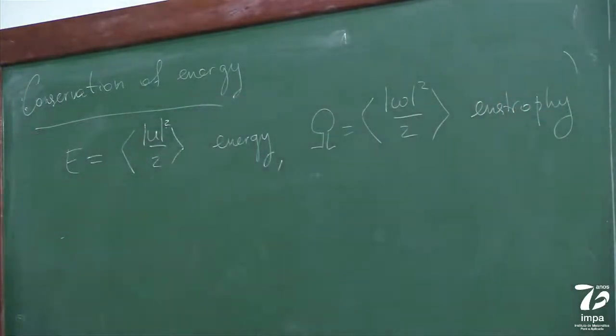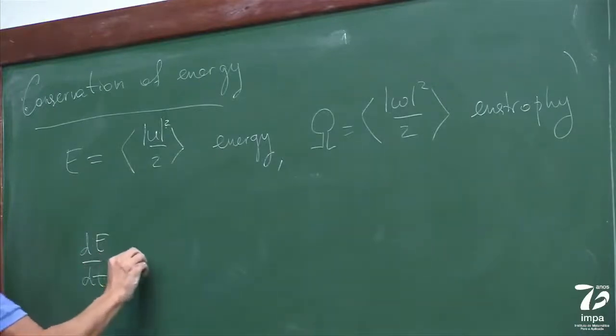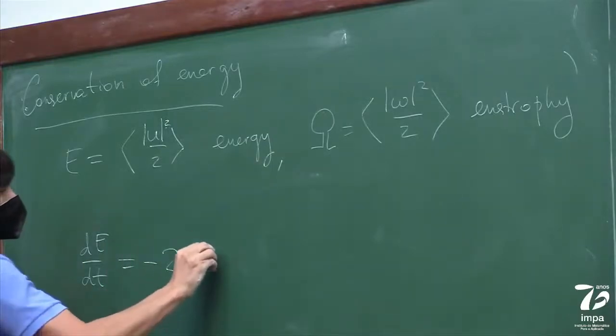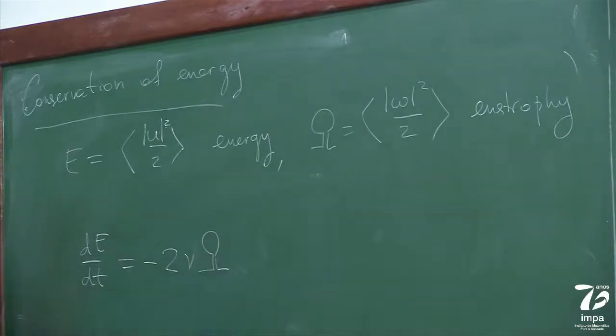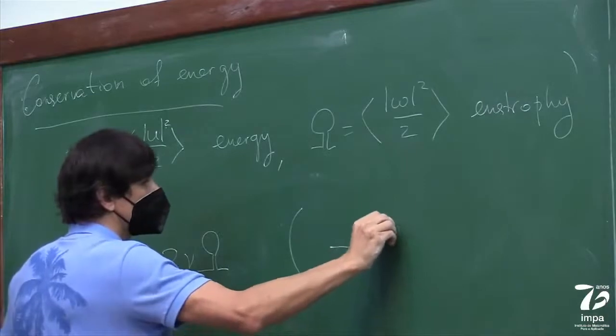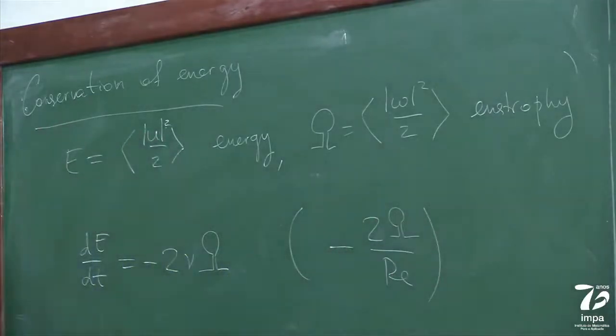The statement is that dE/dt is equal to minus 2 nu omega, or in dimensionless form, minus 2 omega over Reynolds number.